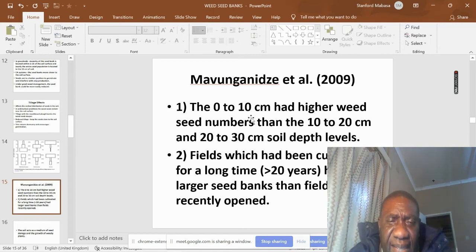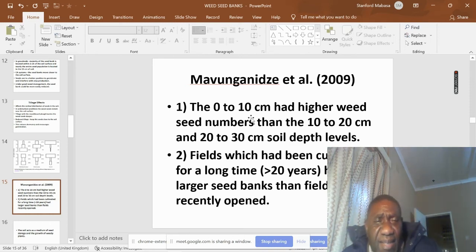Now there's a study, maybe I will have to give you this paper by Mavunganidze et al. in 2009, who studied the weed seed banks in Mzarabani area. They reported that the 0 to 10 centimeters had higher weed seed numbers than the 10 to 20 and the 20 to 30 centimeter soil depth levels. Probably this is a reflection of the tillage systems which were being done.